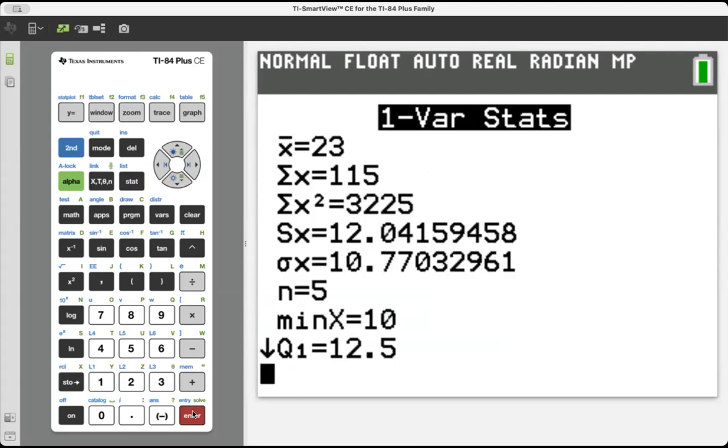Okay, this time our sample mean is 23. So it was 24 with CardioEase and it's 23 with LipoClear. That's not too big of a difference in the average, but the sample standard deviation here is 12.0416.